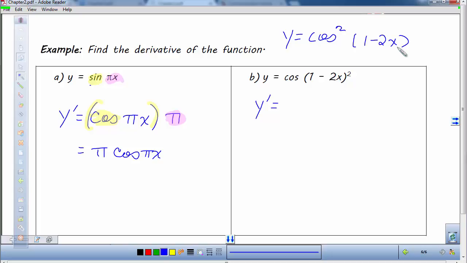But in this case, the square is over here. So it's on the inside. The only part that's the outside is just cosine. So then the derivative of cosine is negative sine.